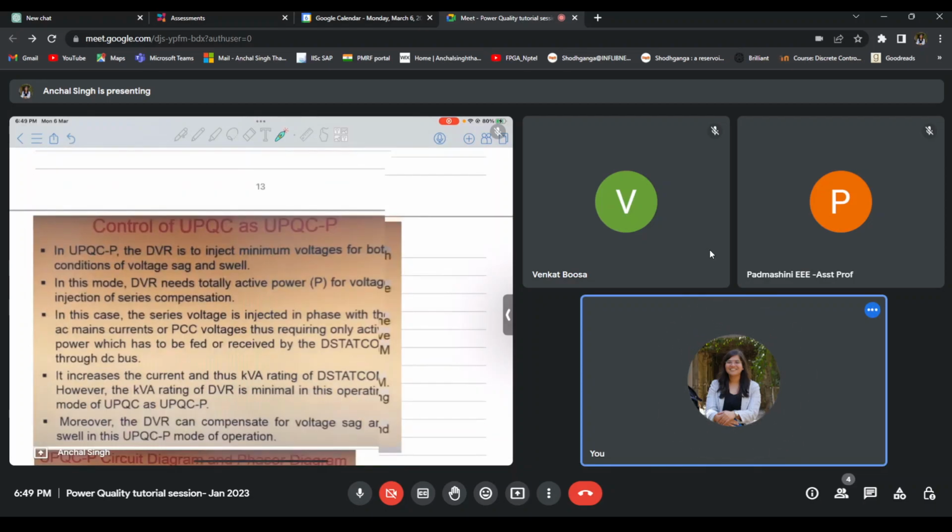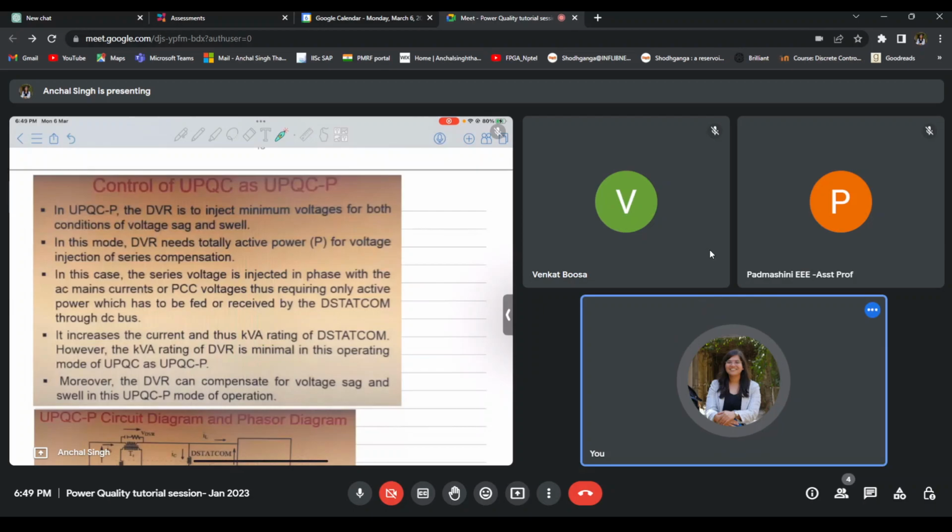Now let us look at the design of UPQC-P. Since it is UPQC-P, its DVR can inject only active power.